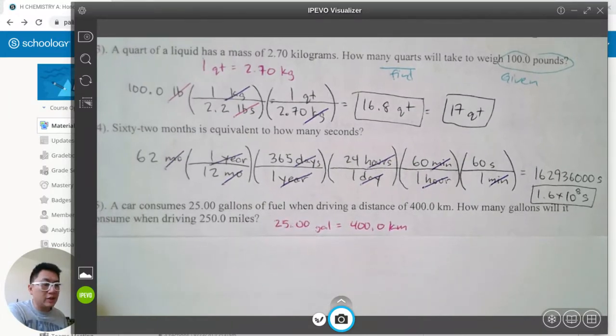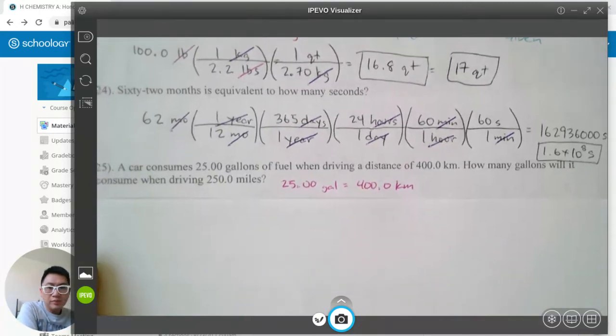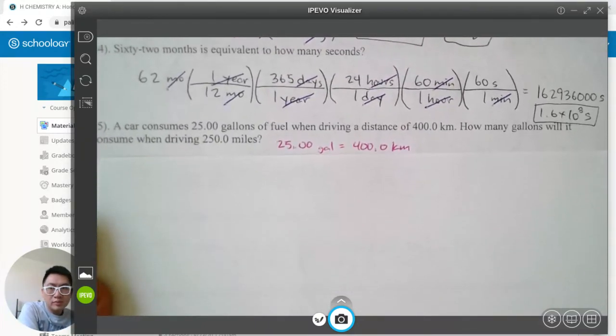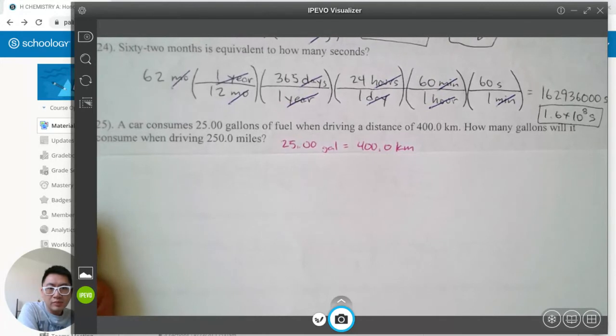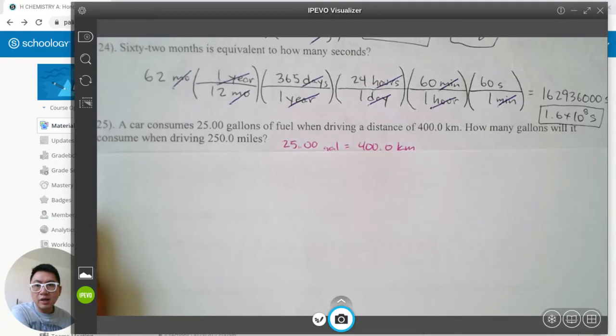Question number 25. It says a car consumes 25 gallons of fuel when driving a distance of 400 kilometers. How many gallons will it consume when driving 250 miles?